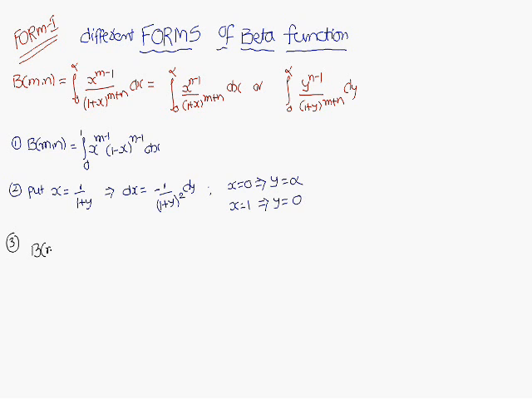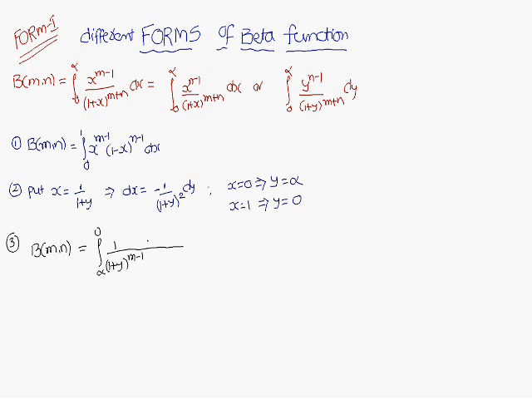beta mn is equal to integral infinity to 0 x. X is 1 by 1 plus y, therefore 1 by 1 plus y whole power m minus 1.